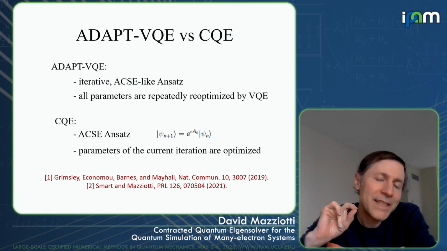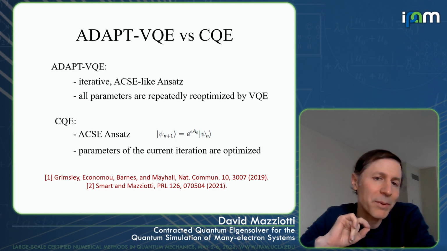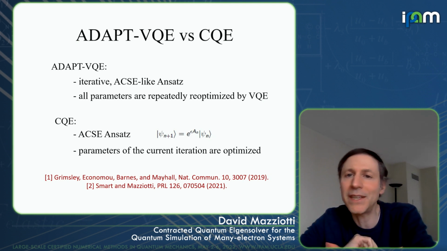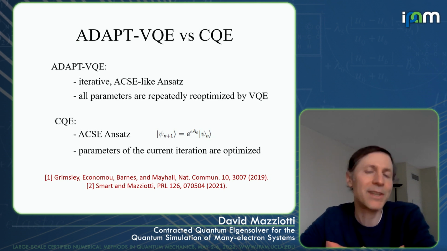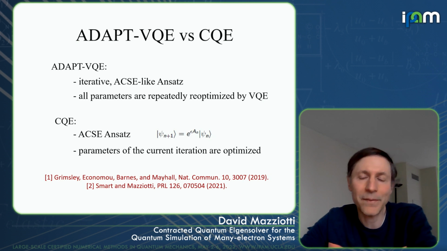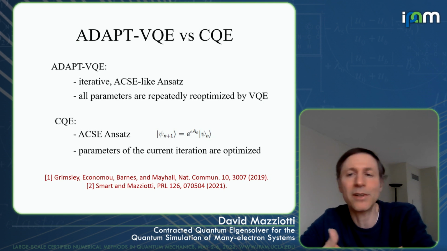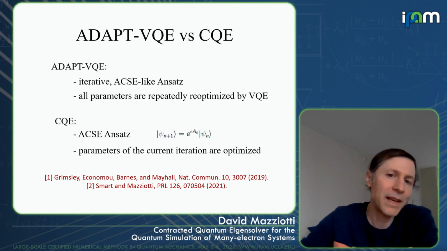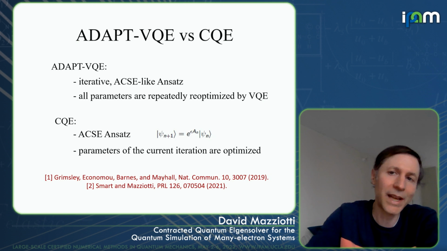And so basically, like the Rayleigh-Ritz variational principle, all parameters are repeatedly reoptimized in the AdaptVQE algorithm. So even though one's iteratively adding exponential unitary transformations from a pool of operators, at each step, the parameters in all of these operators are being optimized over and over again.